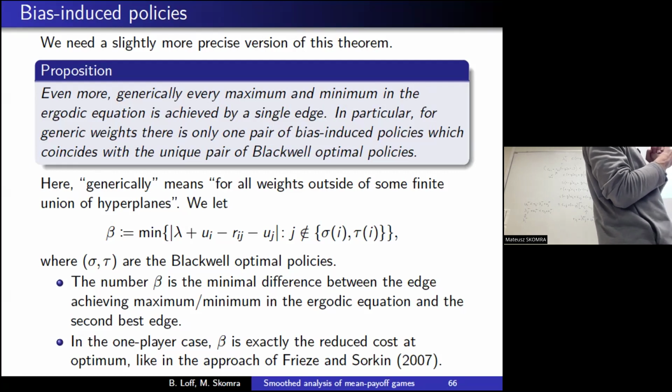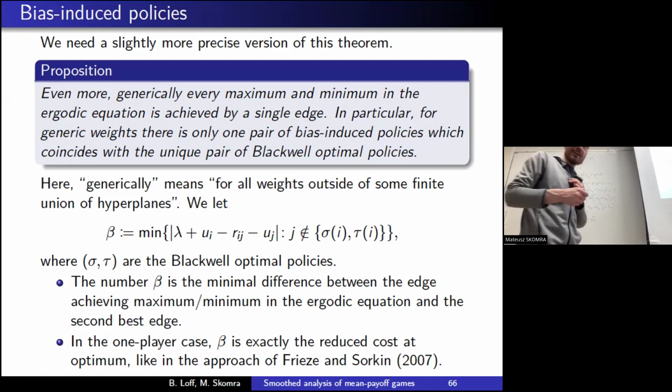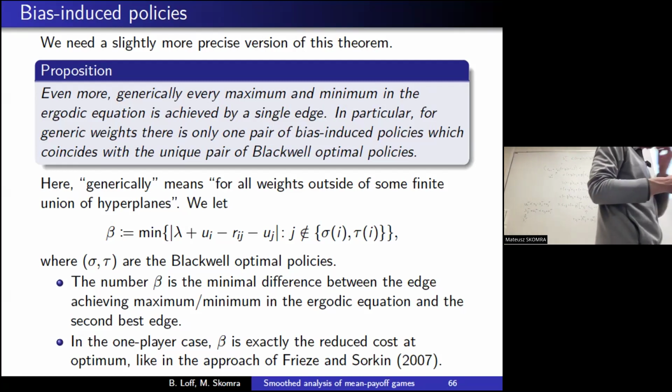Okay. So now, as in the one-player case, we want to measure some kind of a difference between two things, right? So in the one-player case, we measure the distance between the cycle and the second best cycle. So here we measure this. What is this? This thing looks at the ergodic equation and says, okay, the maxima and minima are achieved uniquely.